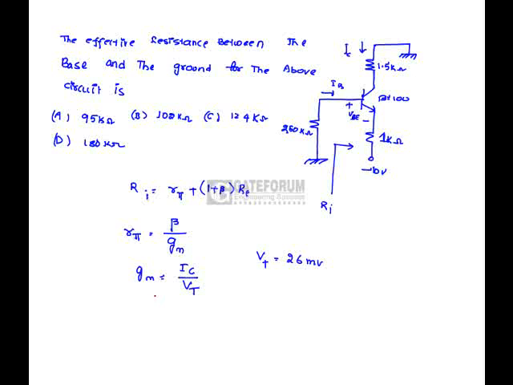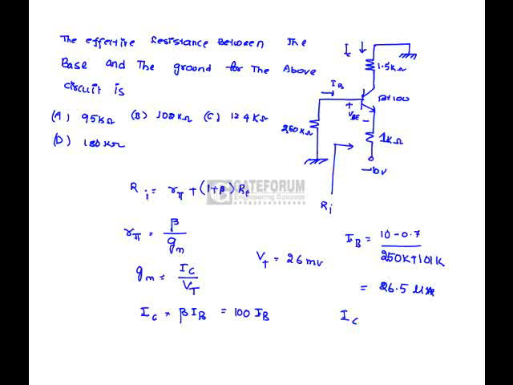We have to find out Ic. We know that Ic is nothing but beta into Ib. So this is nothing but 100 Ib. So Ib is given as 10 minus 0.7 divided by 250k plus 101k, which is equal to 26.5 microamps.